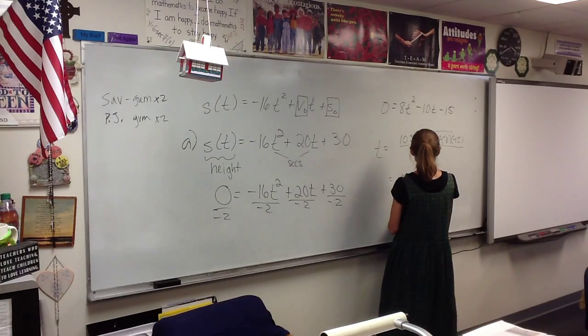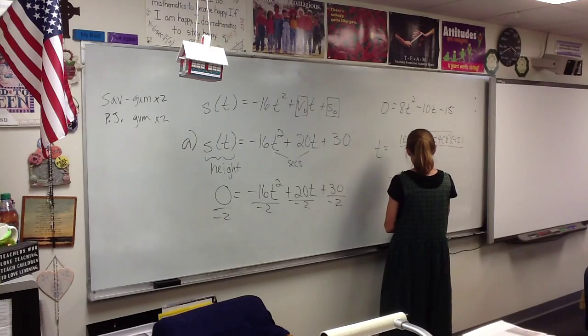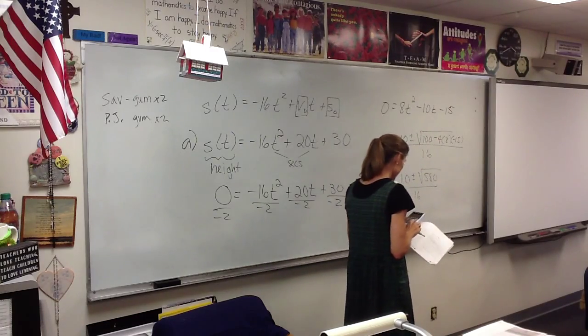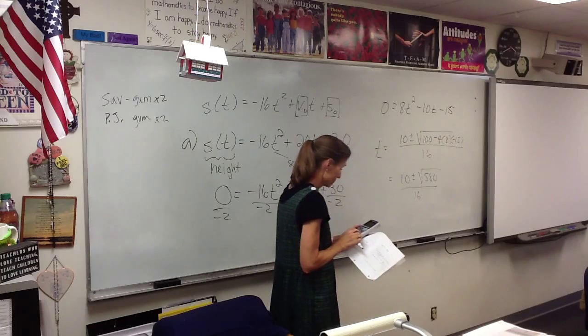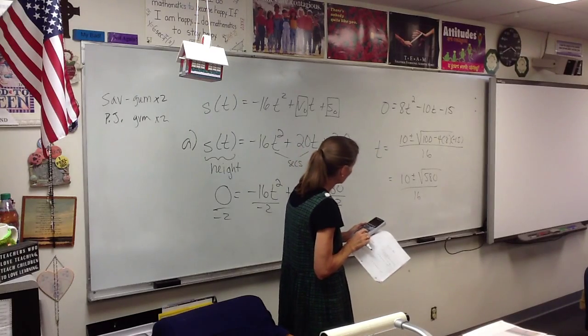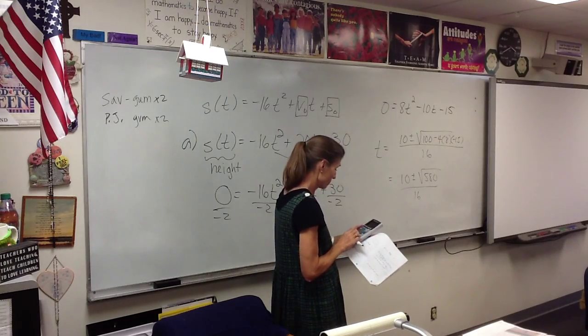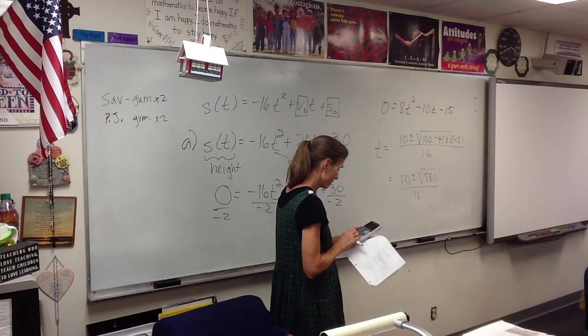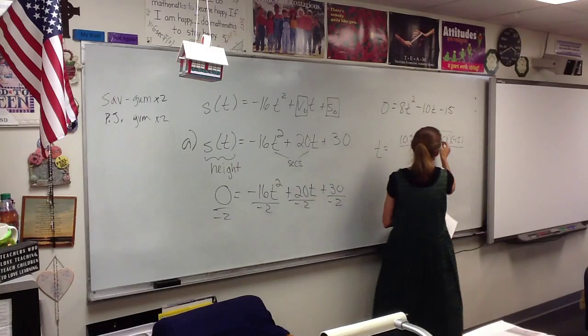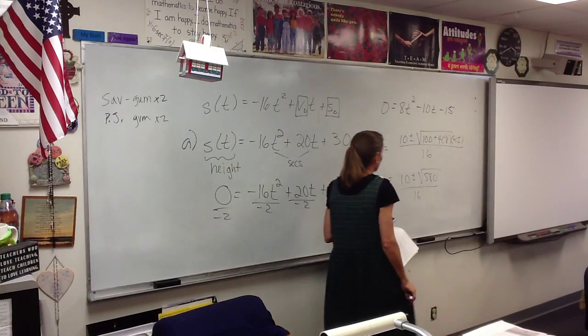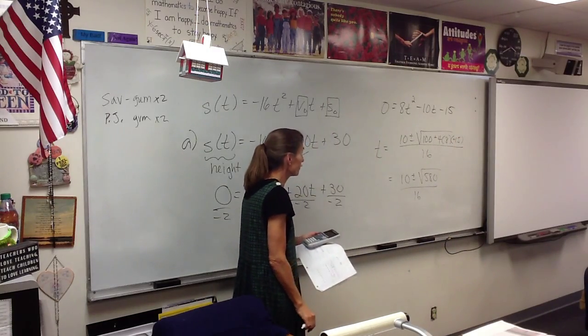I got the square root of 580, is that right? Yeah. This is going to turn into a plus. 4 times 8 times 15, and then plus 100.